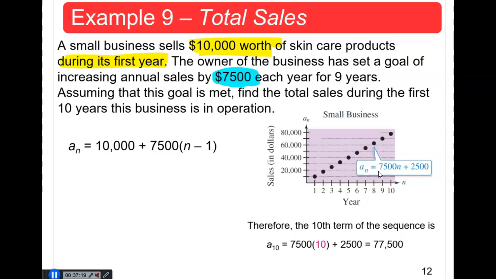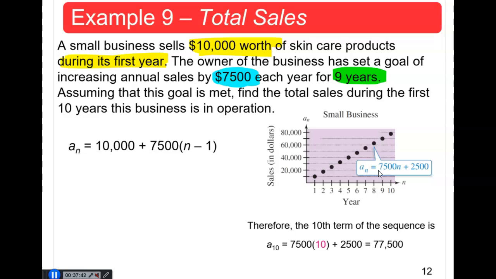So every year he hopes the sales, if the first year they were 10,000, he hopes the second year they are 10,000 plus 7,500, so 17,500. And he plans to continue on that for each year for a total of 9 years.